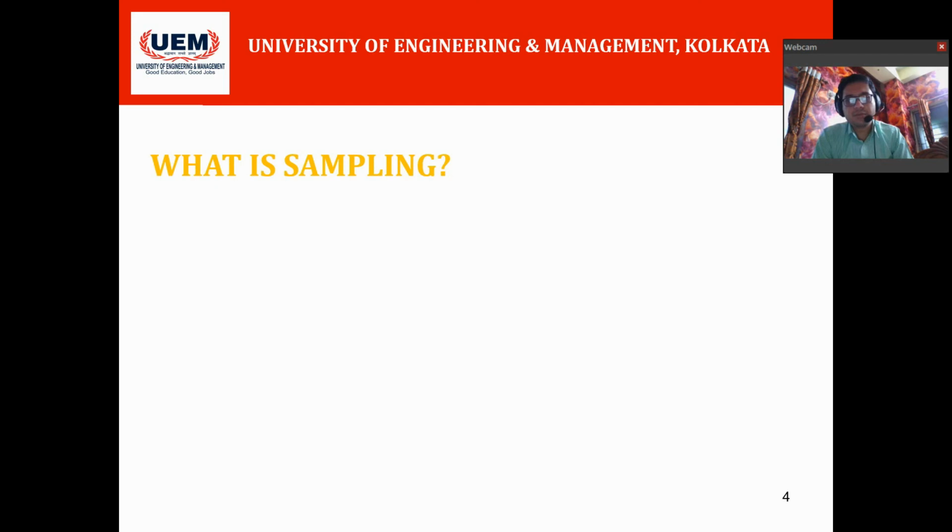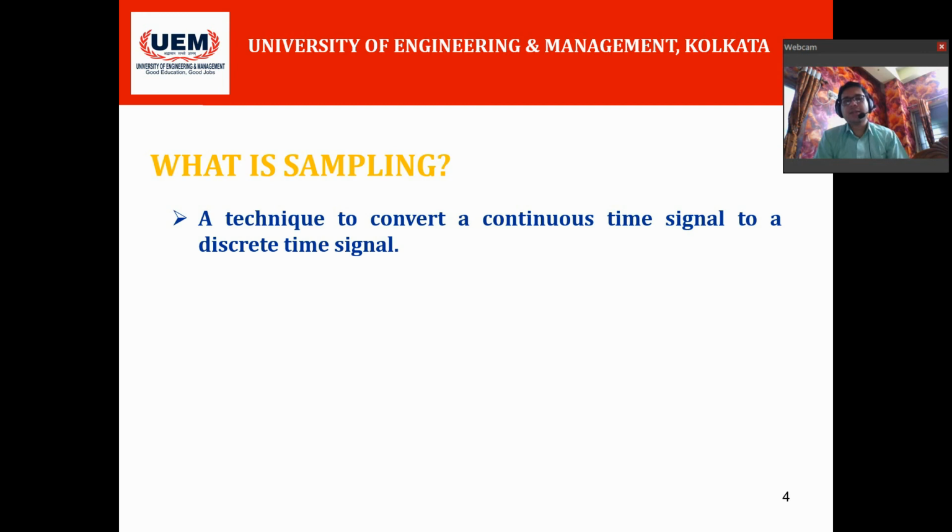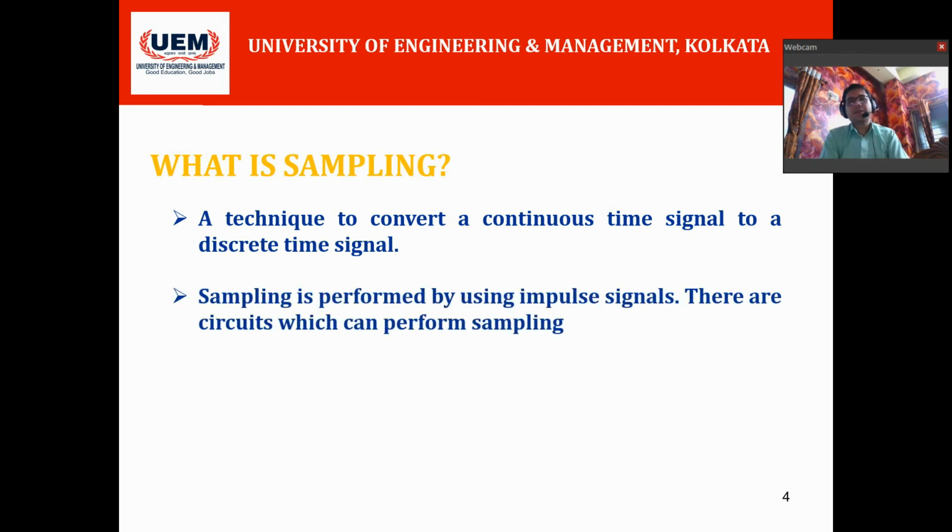So now, what is sampling? Sampling is nothing but a technique to convert a continuous time signal to a discrete time signal, as I just said. And how is sampling done? That is the next question that comes to our mind.